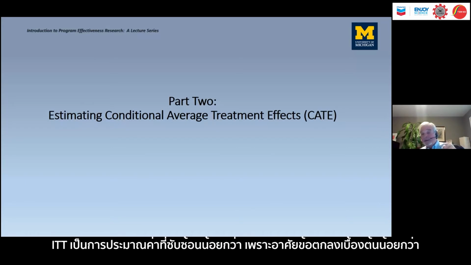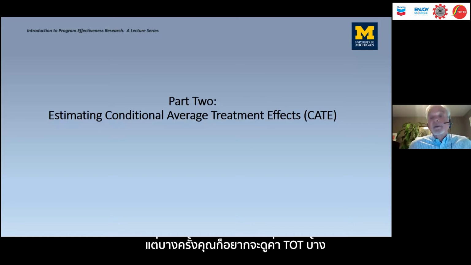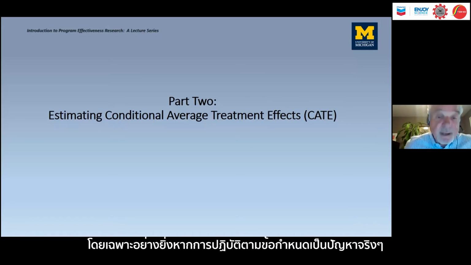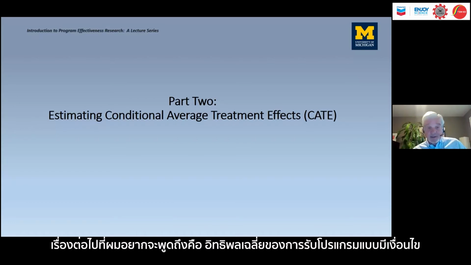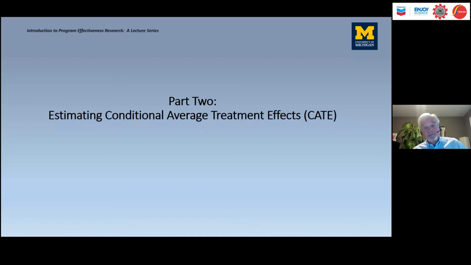The ITT is the simpler estimate to achieve because it relies on fewer assumptions, but occasionally you want to see the TOT, especially if compliance is a real problem and is expected to be deflating your ITT estimate.